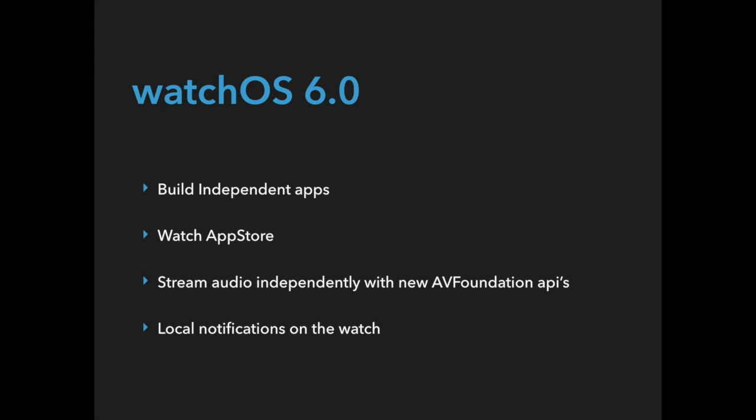This was previously available only for Apple, and I guess Apple Music used it to stream music, and now third-party apps can also use this. Along with that, local notifications are also on the Watch, and I guess what Apple really is trying to do here is pushing watchOS as an independent device which doesn't require an iPhone to exist.